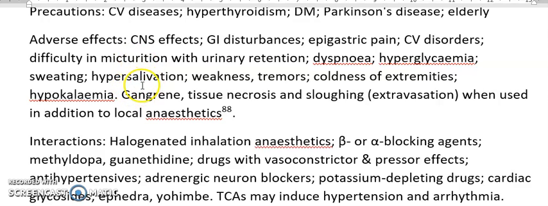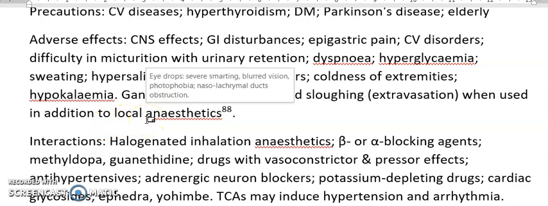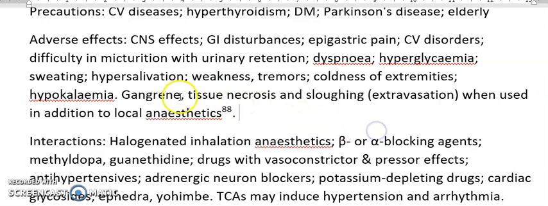your saliva keeps coming out. You have drooling, weakness, you might get tremors, you might have coolness in the extremities, potassium levels would go low potentially, and when given in addition to local anesthetics, you might get gangrene, tissue necrosis, you might get sloughing.